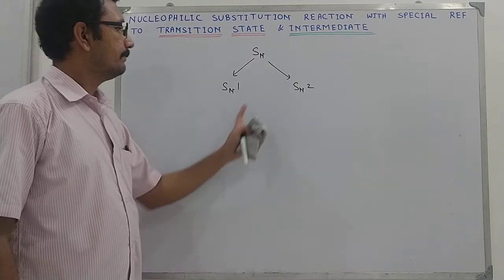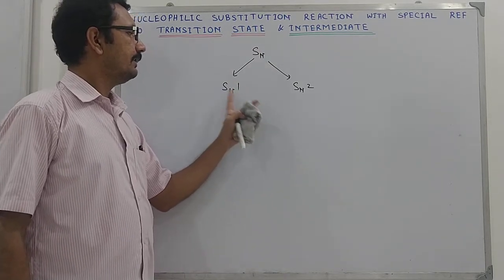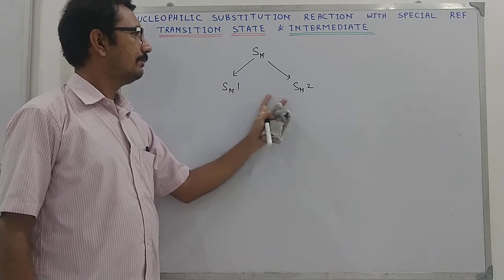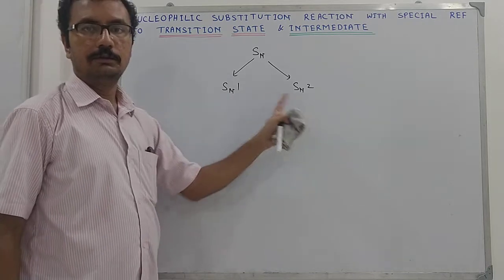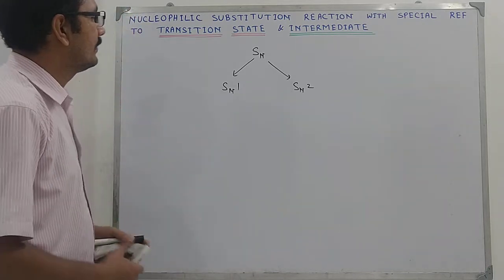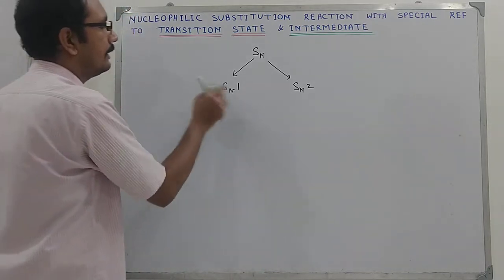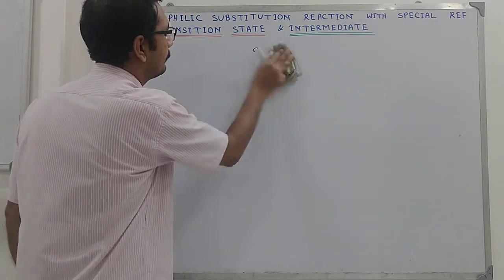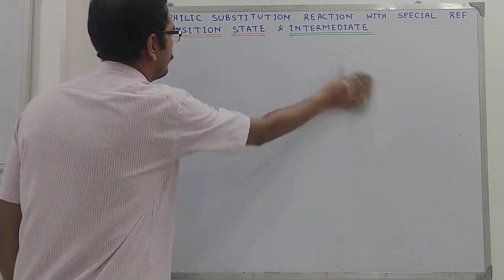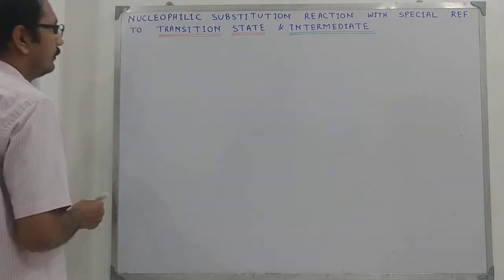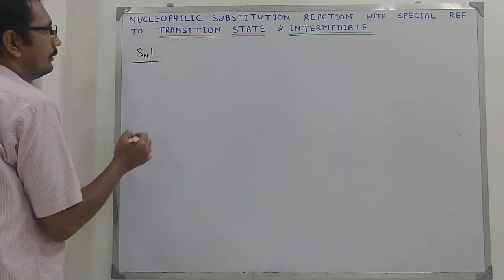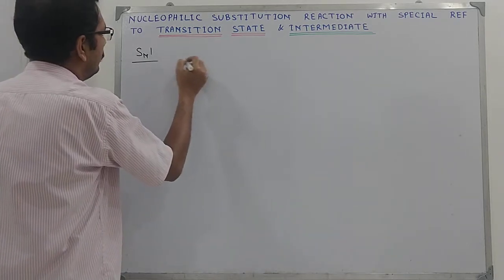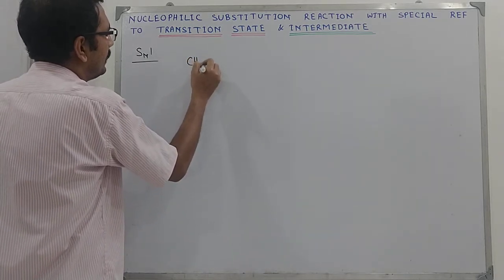Now it can be divided into two broad categories. Also there are other types, but we will focus on these two major categories. Now first let us discuss SN1. So this will be the reaction like this.